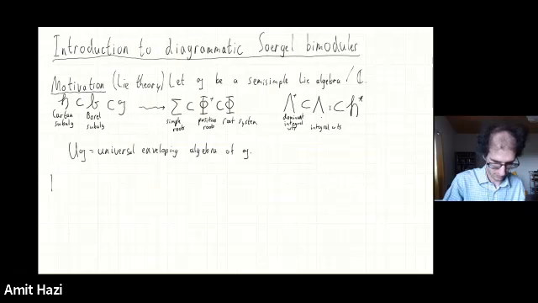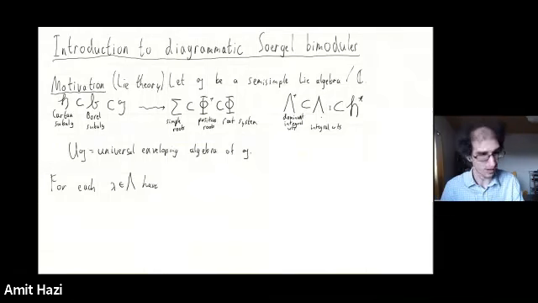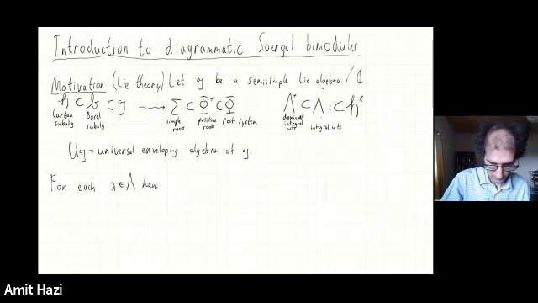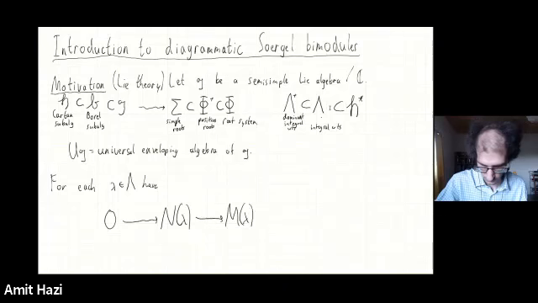Well, for each lambda inside our lattice, big lambda, we can construct a short exact sequence. So this element in the middle, I'll start with first.